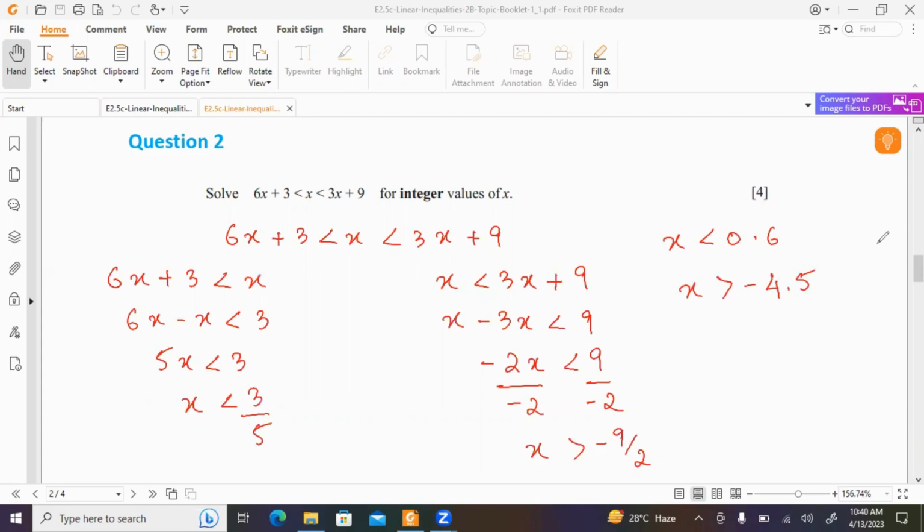For the integer values, it has to be greater than -4.5. So that's going to be -4, -3, -2, -1. These are the values that are less than -0.6 and greater than -4.5.